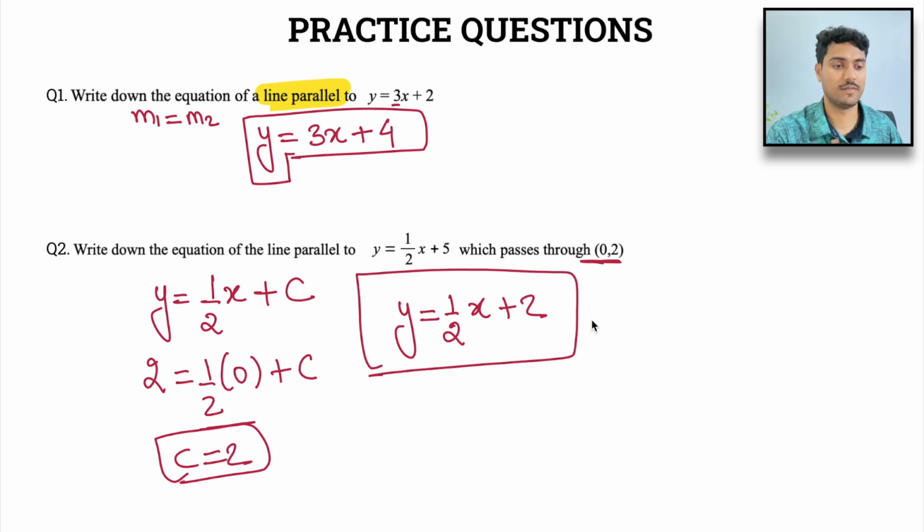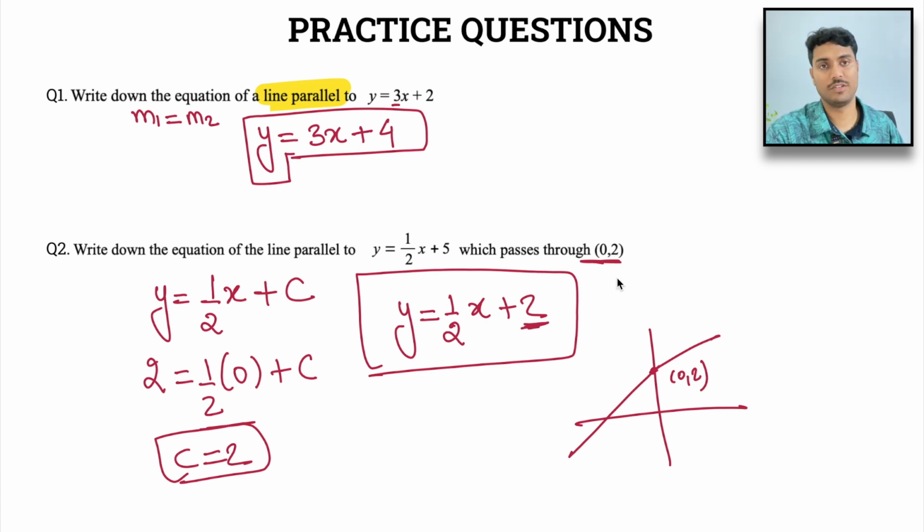So this is the answer. This is (0, 2), the line will definitely pass through this point (0, 2), so the y-intercept will definitely be 2. In case it is not (0, 2), if it's any other coordinate, we can use this method to write it down.